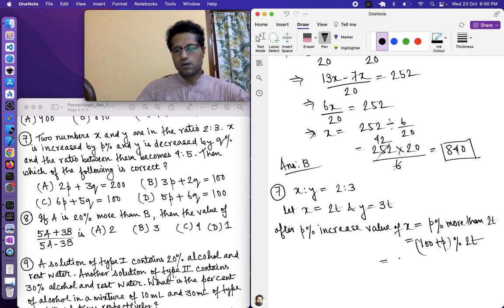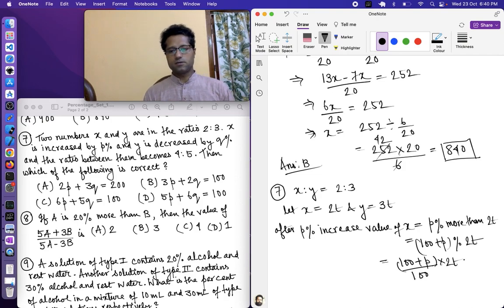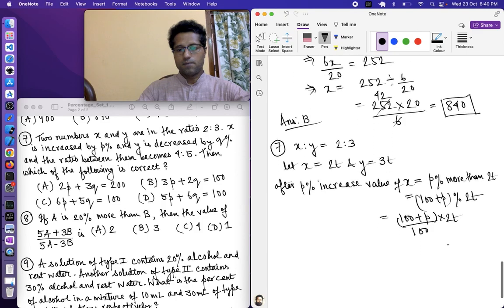This is equal to 100 plus p divided by 100, and this multiplied by 2t. So this is the value of x after its value was increased by p%.